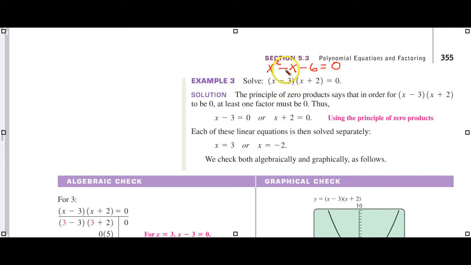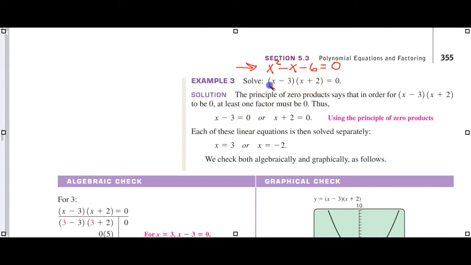When I group like terms, I get a negative x, and then a negative 3 times 2 gives me a negative 6 equals 0. So this might have been our original quadratic equation in standard form, and we're asked to factor it. Well, when we factor this, we end up with this.